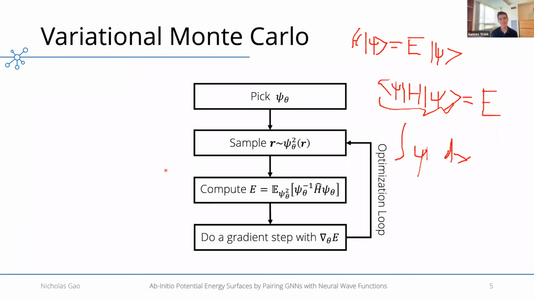One way to do that is to have an initial wave function and then optimize its parameters by sampling atom locations according to the probability that the wave function gives us, then computing the energy that our current wave function gives us for the locations that we sampled, and doing a gradient step to minimize that energy.